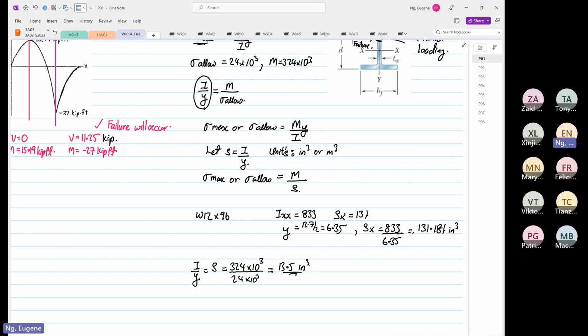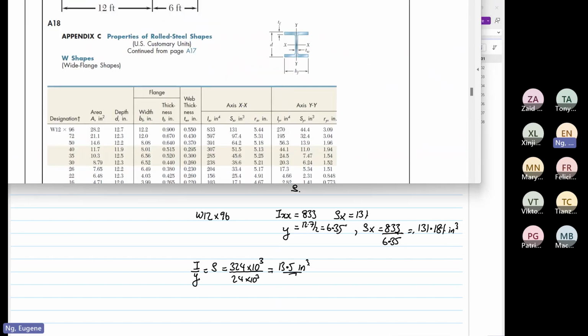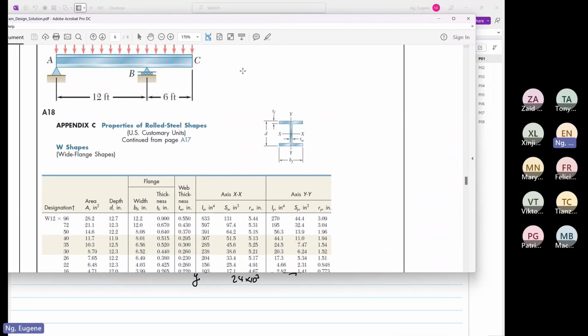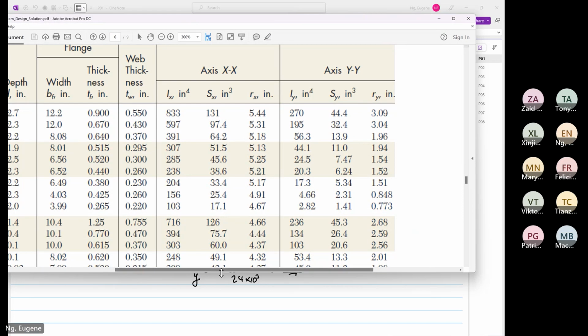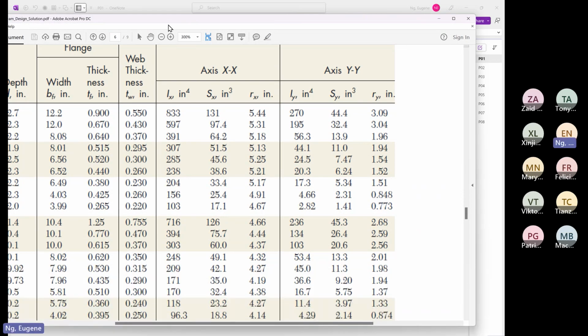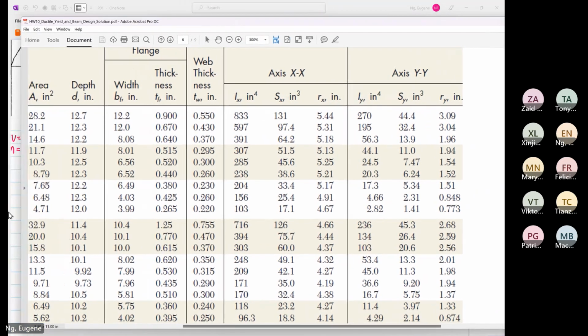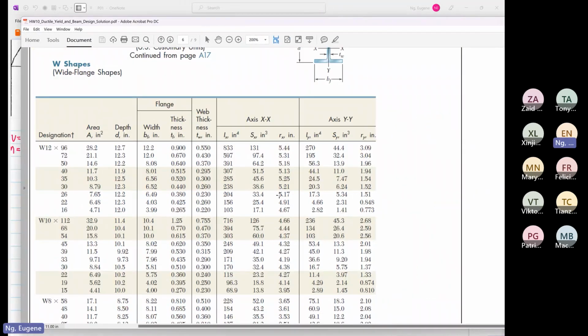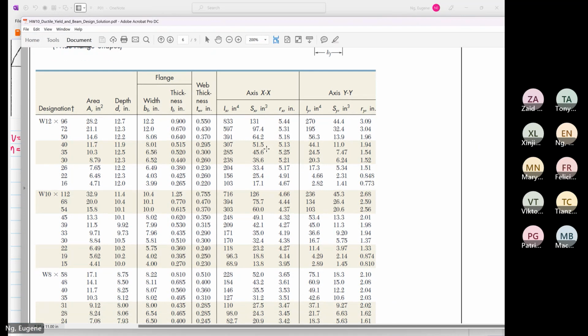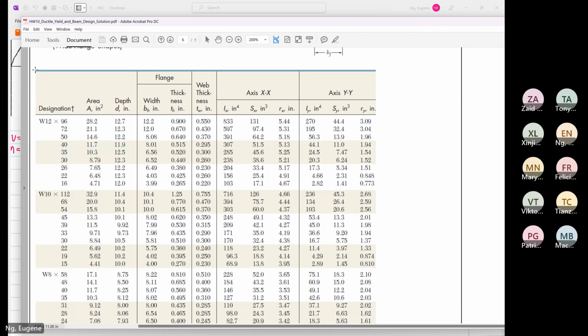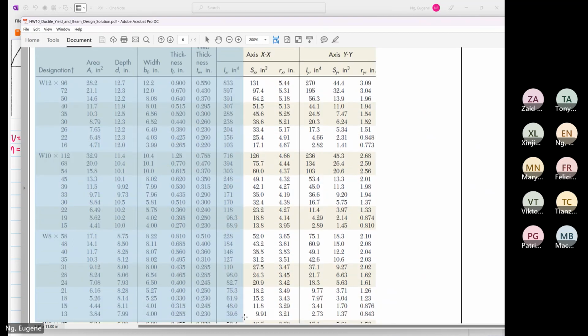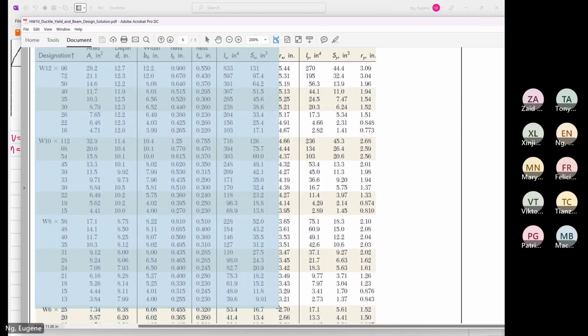So now we look at our table. I'm going to zoom in, or zoom out a bit. I believe you can see this. We are going to look at SXX.